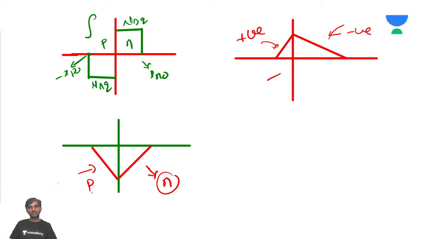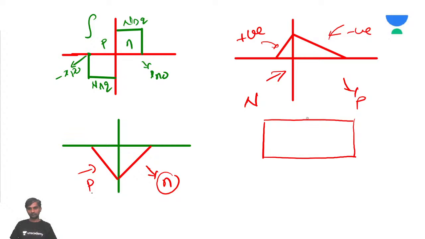So this side is going to be N type and this side is going to be P type. So your PN junction diode looks like this: this is N and this is P. Did you get the point of what I'm saying? So this side is N and this side is P.